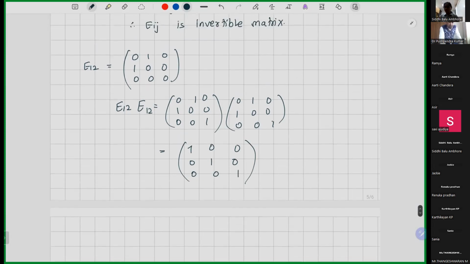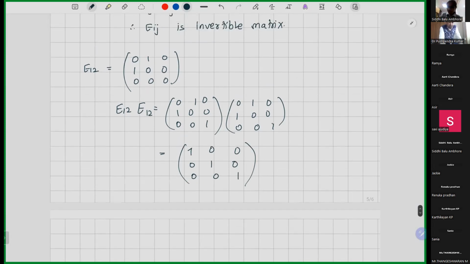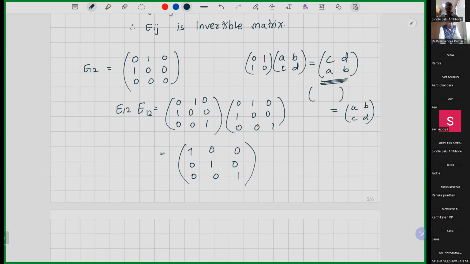Okay, so what I was saying is, if I show this to you in 2 cross 2 form, what I will get is C, D, A, and B. So just the rows swapped. But if I again multiply this matrix by the same matrix, the resultant matrix will swap back and give me A, B, C, D again.